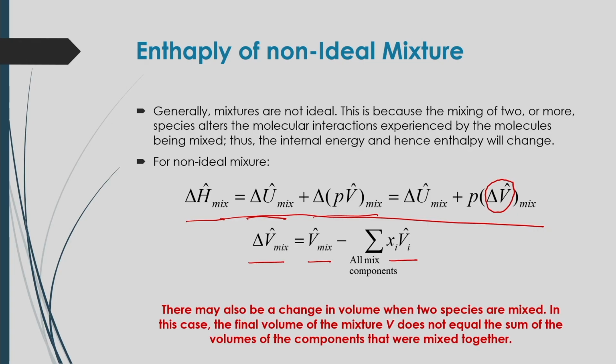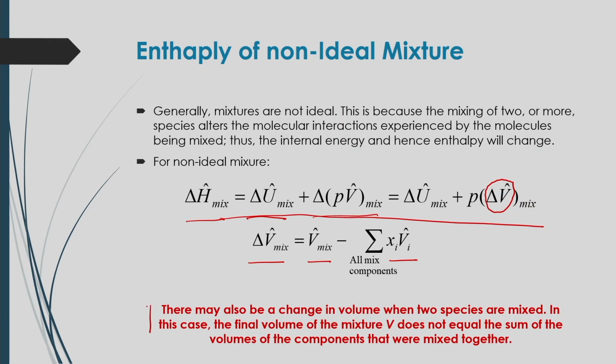So, it is important to know how the specific volume of the mixture will change if there is a change in the individual specific volumes of the components, and in that case, for the total specific mixture volume, you have to subtract the summation of specific volumes of those components there.